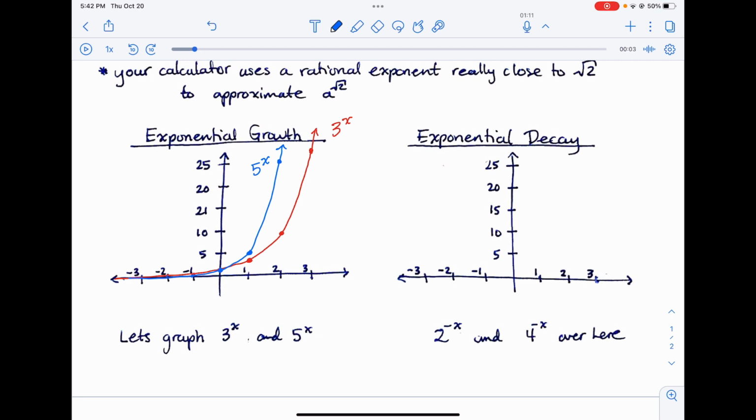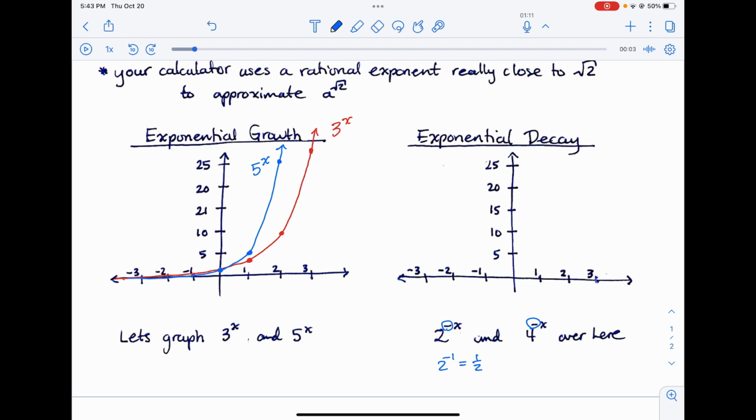And if you think about it, these negatives over here essentially create a reflection over your y-axis. And so they should be kind of symmetrical, 2 to the x and 2 to the negative x. So if we think about the outputs, 2 to the negative 1 is going to be 1/2.